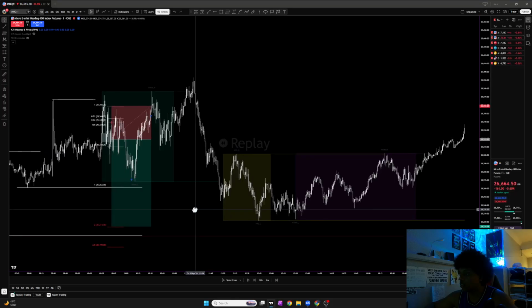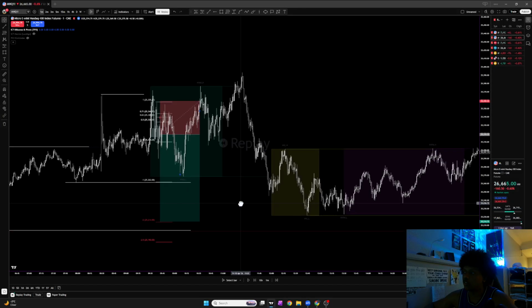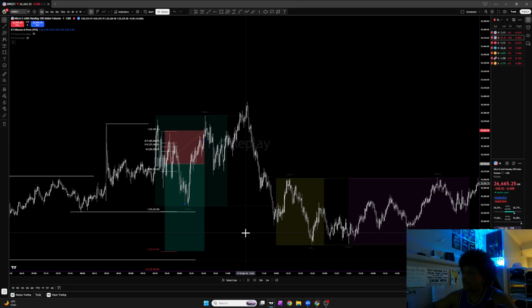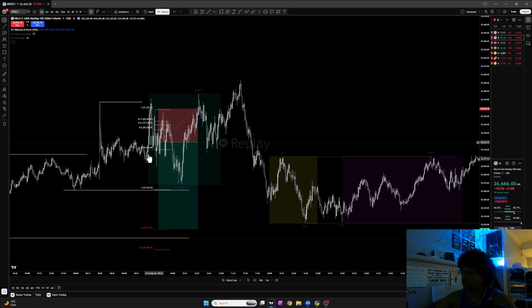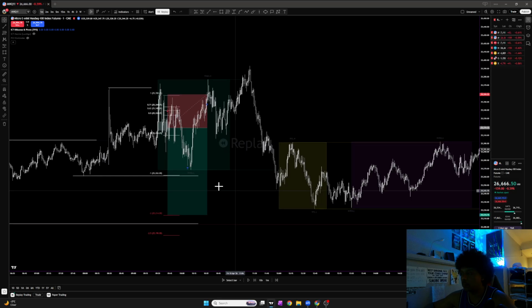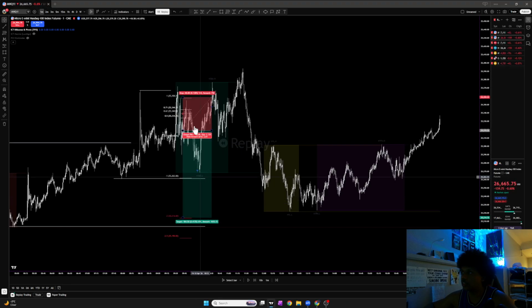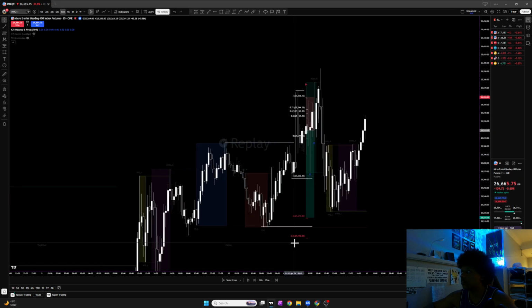So if that happens, I will be breaking even the trade, making that 1:1 risk to reward my partials, or whatever the money that I made on 1:1 is going to be the trade. So anyways, let's get into the next day. This is one setup. Remember, Monday is a break-even day.